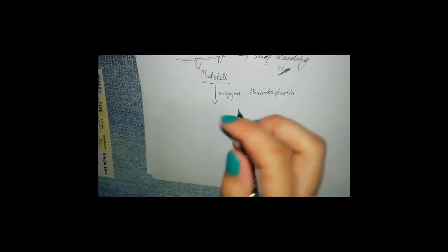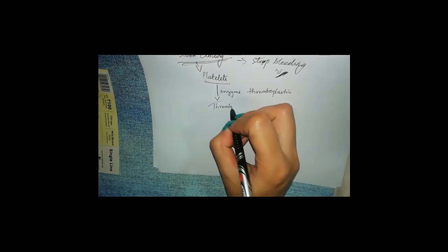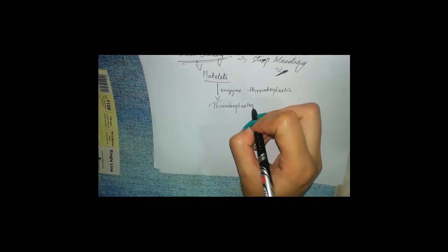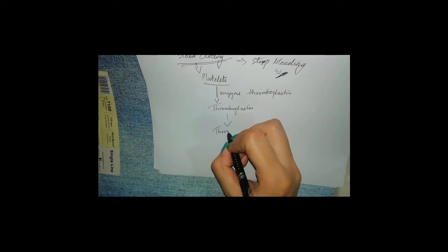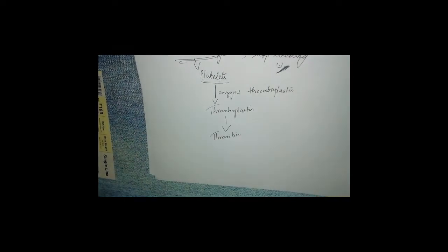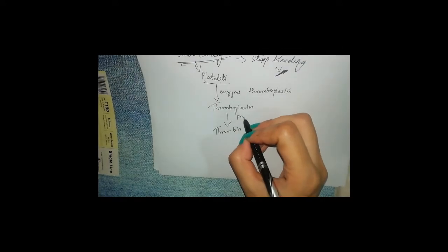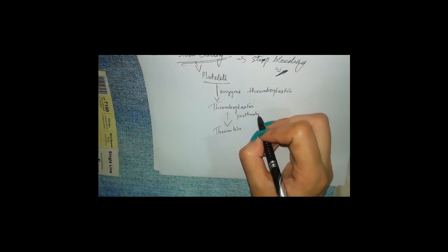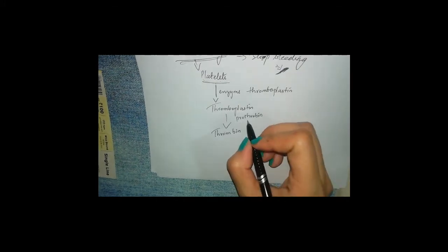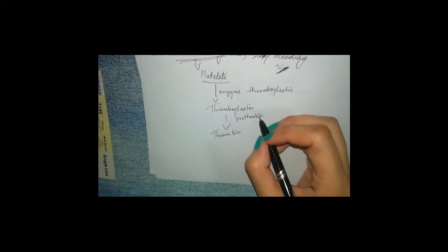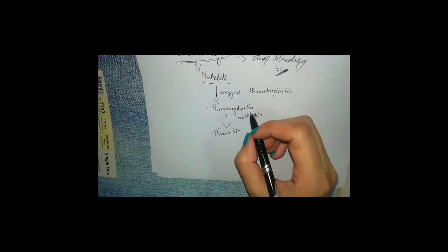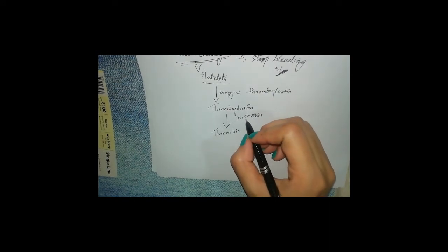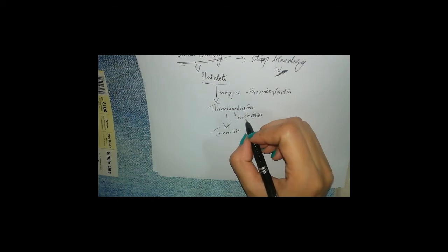This thromboplastin will convert the substance prothrombin, which is present in your blood, into thrombin.